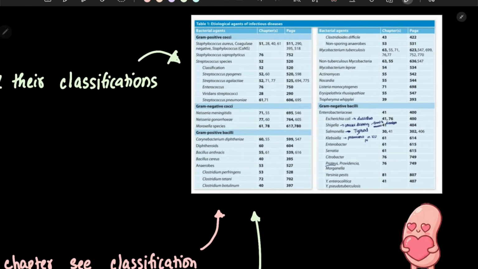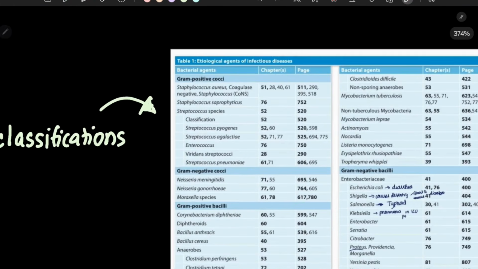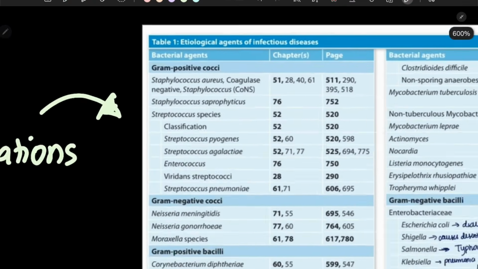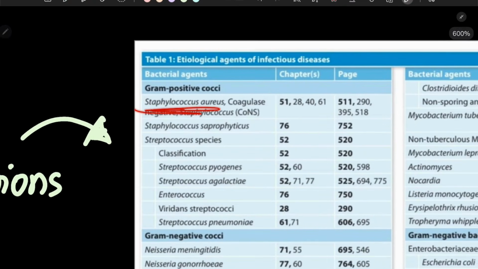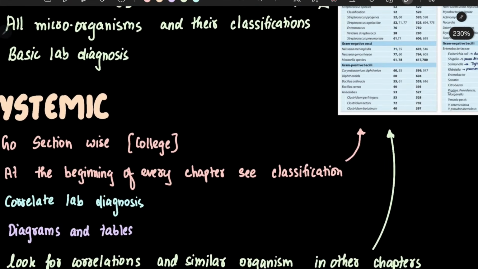Let's say your skin section. Skin has your bacterial infections. The first one is staphylococcal infections. So what you do is you go back and look at where staphylococcus falls. Is it gram positive cocci? What are other gram positive cocci? And then you just stop at that. That's it. Just look at that, and then you start reading about staphylococcus.